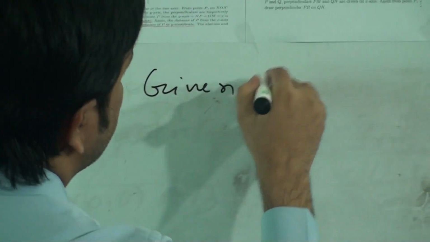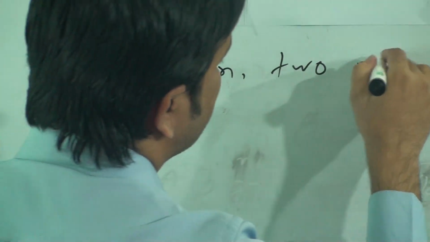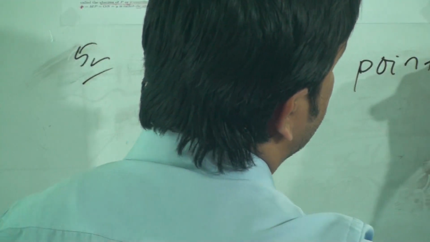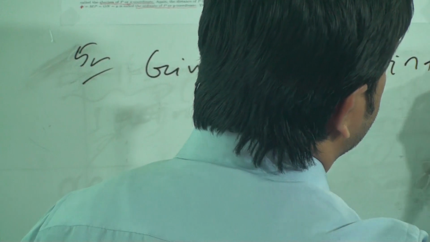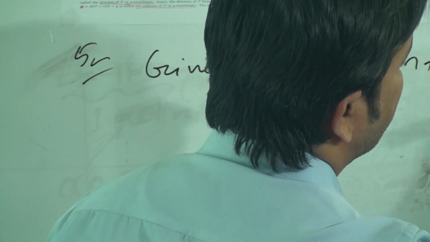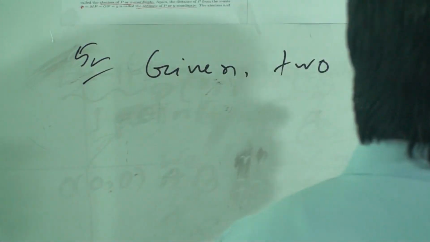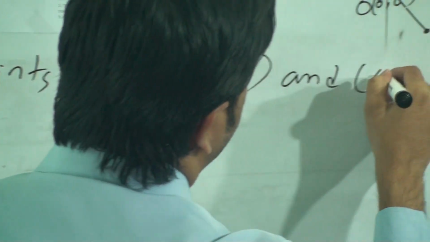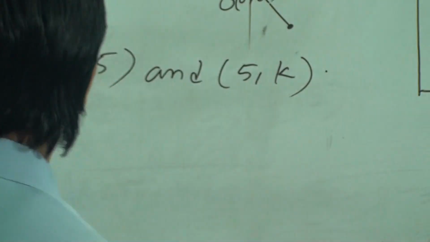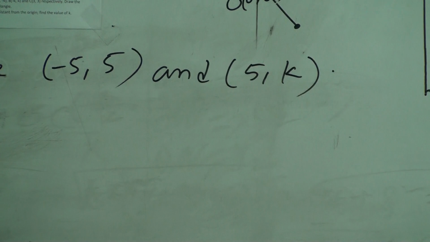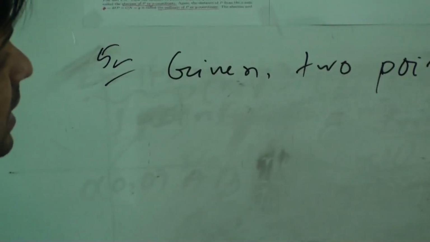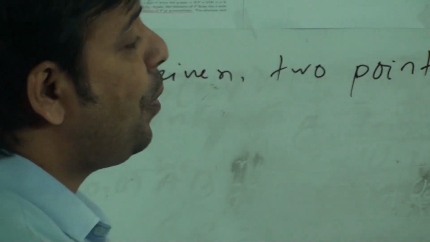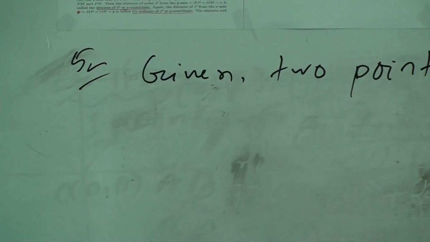Okay, dear students, now see how we can solve question 5. Given 2 points are minus 5, 5 and 5, k. We need to determine the value of k. Another condition is given, that these 2 points are equidistant from the origin.